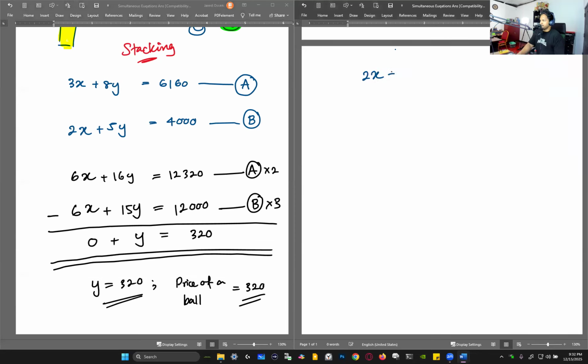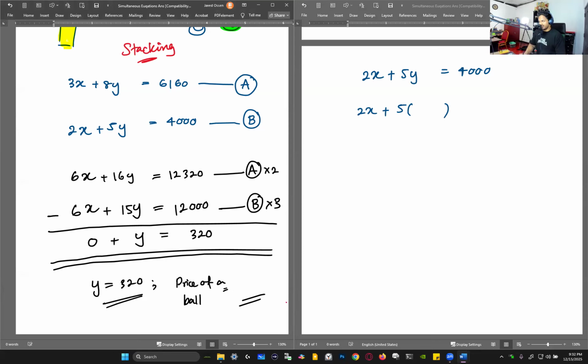2x plus 5y equals 4,000. This is a very clean equation. I'll write it again, this time writing 320 instead of y. It's rupees 320.